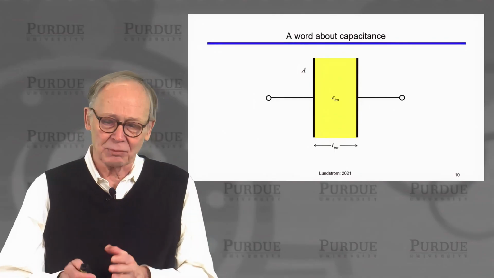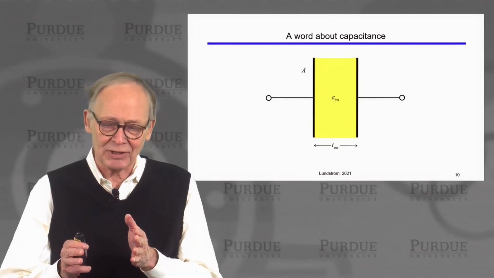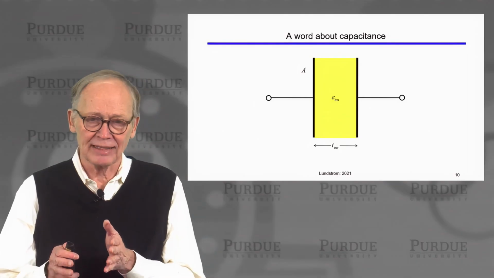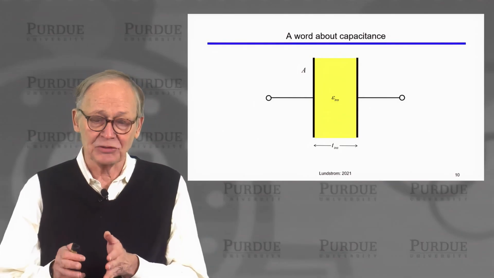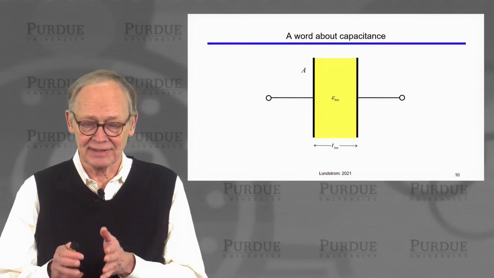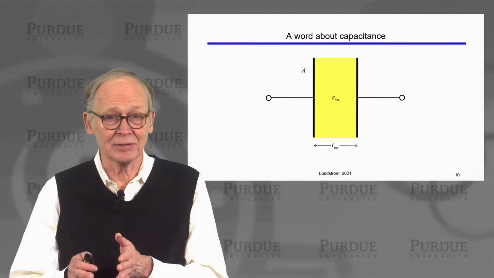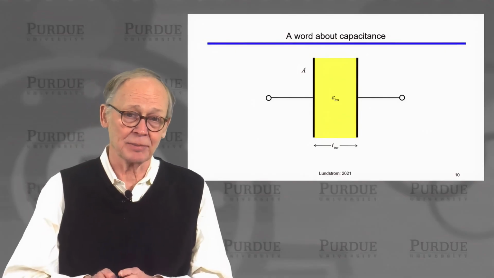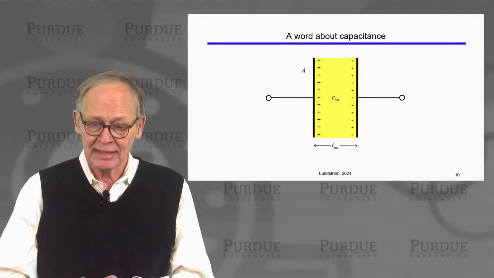Our basic parallel plate capacitor, we have a capacitor with 2 metal plates separated by a distance. We have an insulator between those 2 plates. The thickness of the insulator is T sub INS. The dielectric constant of the insulator is epsilon sub INS.